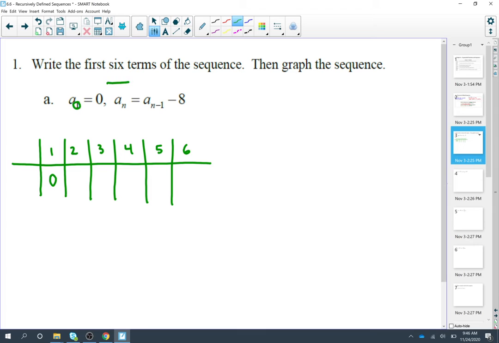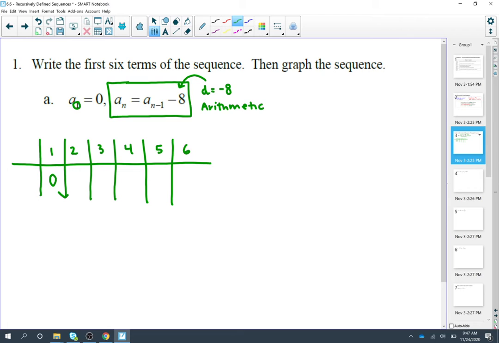Then they gave me this recursive formula, and they're saying take the 0 and minus 8. So really they're telling you that the common difference is minus 8. I know that this is arithmetic because I'm subtracting, which means it's linear.